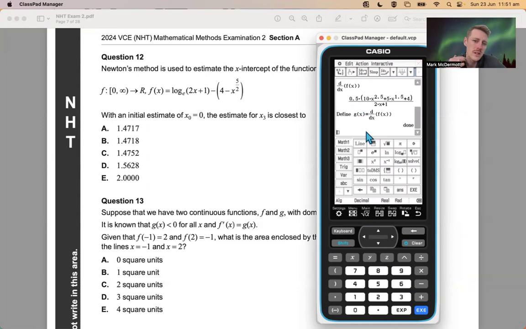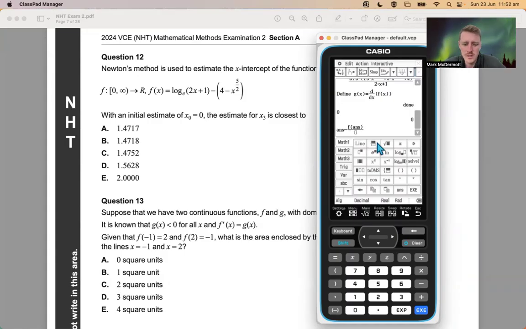That seems to work. Okay, now remember, Newton's method says you take your initial estimate minus your function evaluated at that estimate divided by the derivative evaluated at that estimate. So let's start with a 0 there. So we can write this answer minus f of answer divided by g of answer. And we're going to press enter.